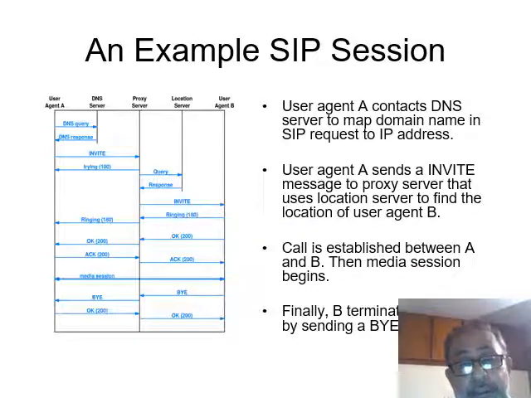Now, this diagram gives you a very clear method of how a user agent A, which is an IP telephone, gets connected to a user agent B, which is its destination telephone. How do we get connected? First of all, it sends a DNS query to the DNS server about the intended destination.